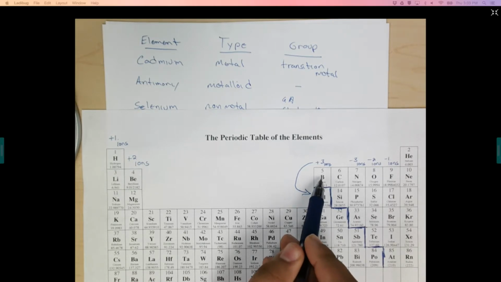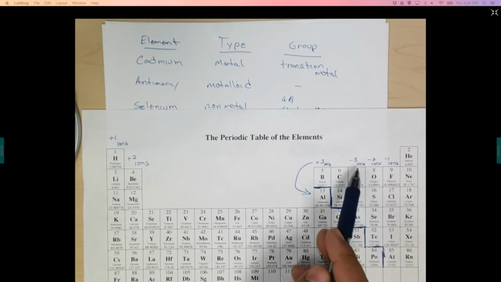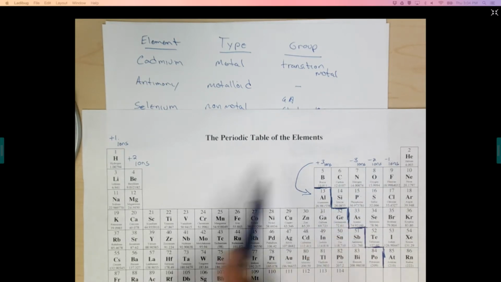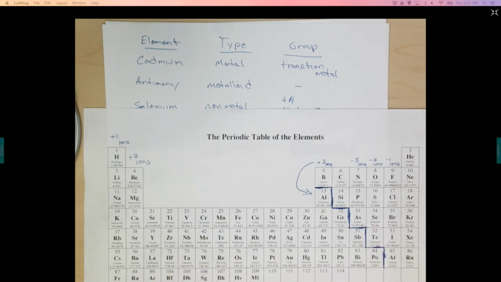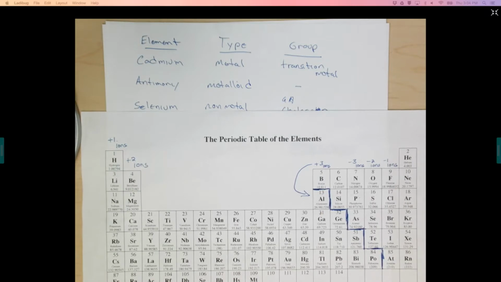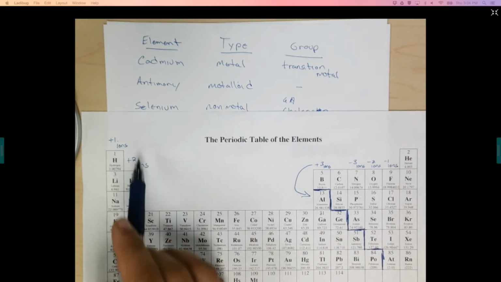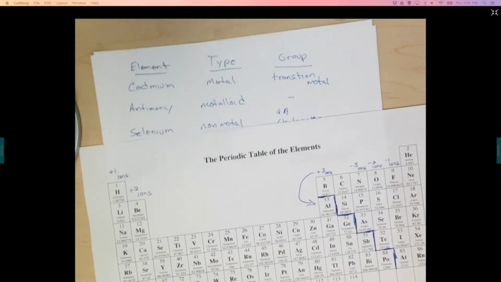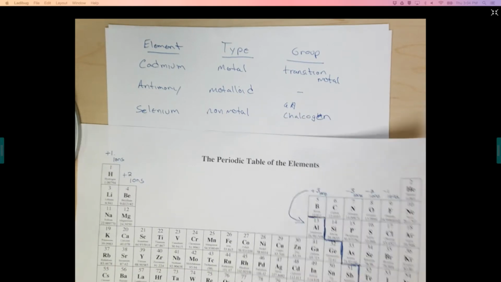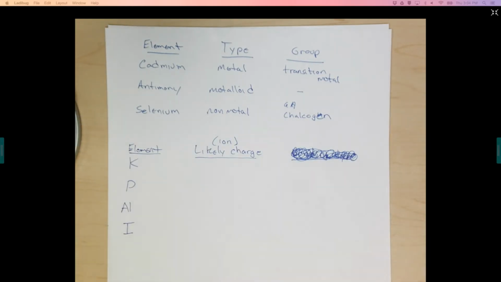Boron is a non-metal, so we're not really dealing with a +3 charge when we're talking about boron. We're talking about aluminum. But -3, -2, -1, and this pattern exists for most of the elements that we're going to be talking about when we're talking about ionic bonding. Again, you won't have these on your reference materials when you're taking your assessment, but it's good to have them in your notes to just get used to looking at it.